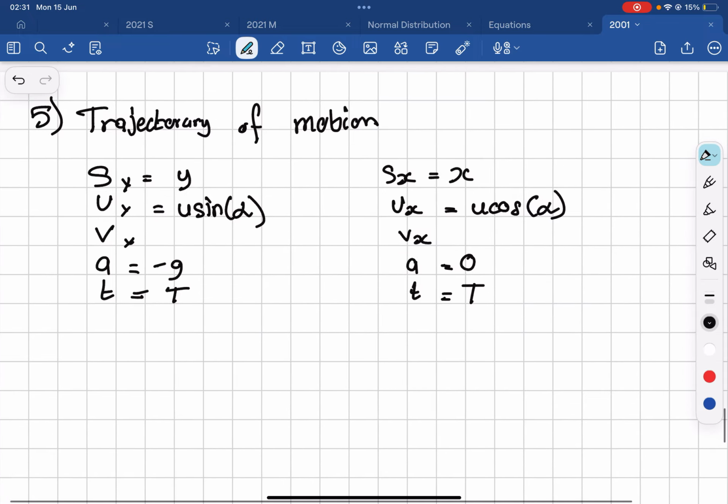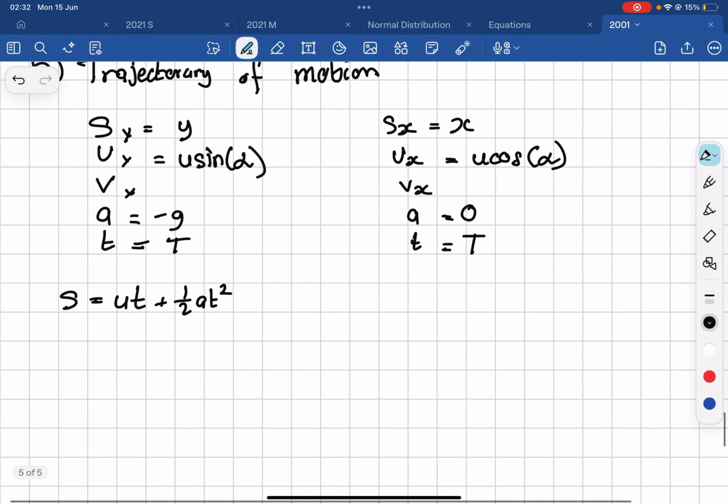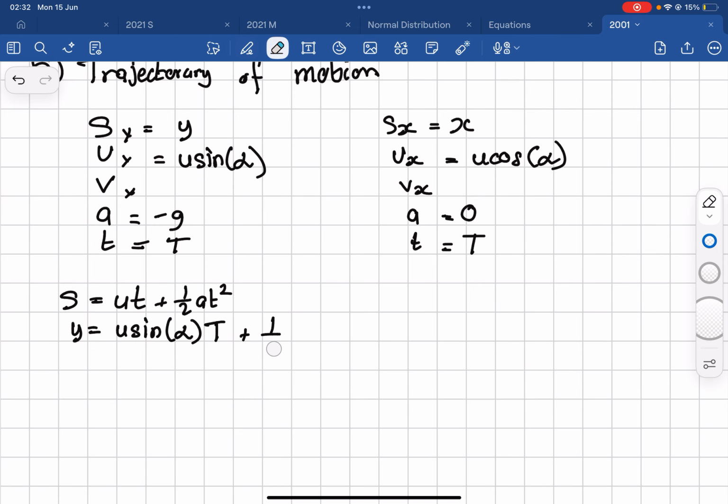So using s equals ut plus a half at squared, we have y equals u sine alpha t plus a half acceleration, so that's minus a half g t squared.